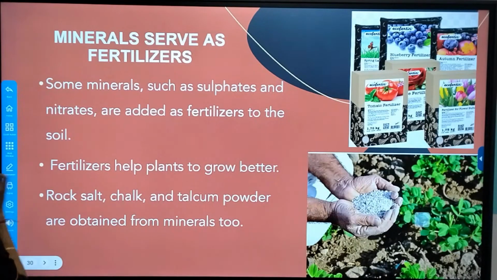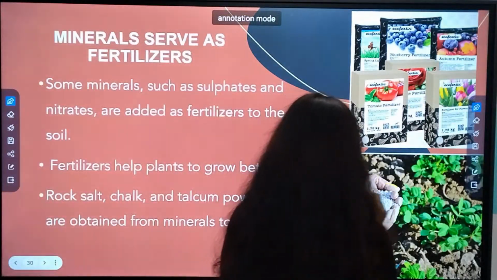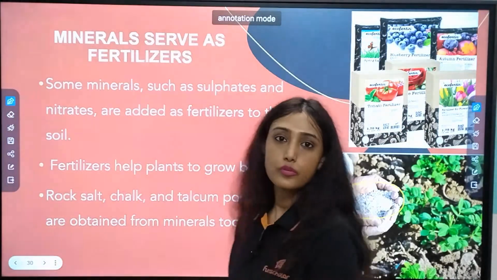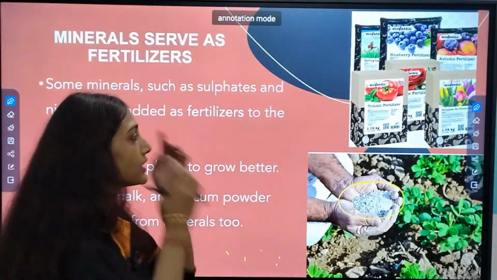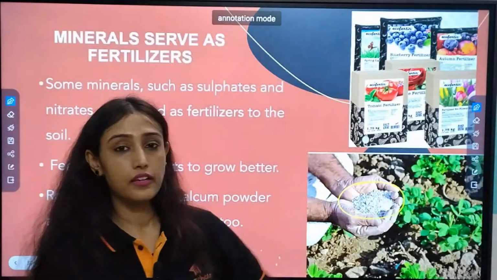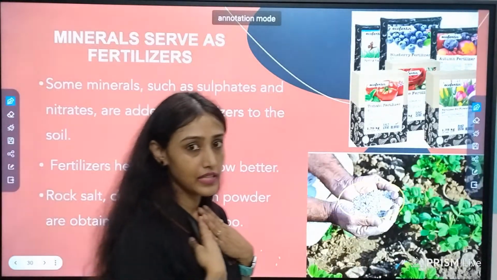Okay, now there are some minerals which are used as fertilizers. Why are minerals used in fertilizer? In the agriculture chapters, you already know that plants require minerals for their growth and development just like we do.